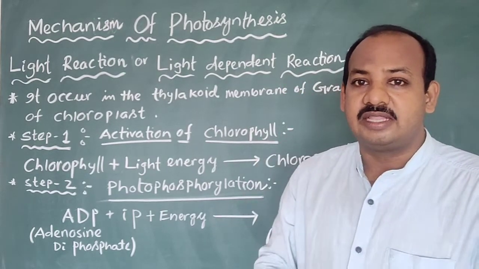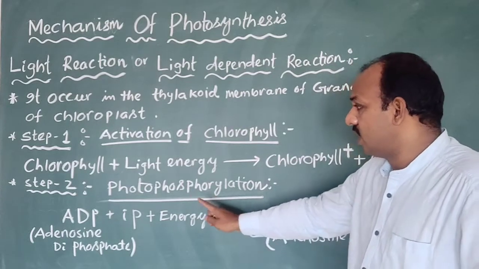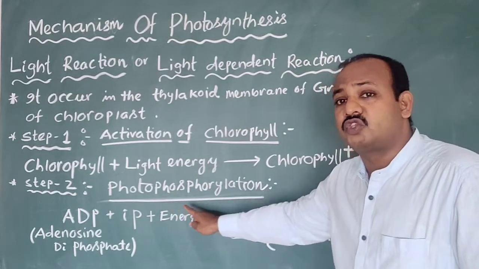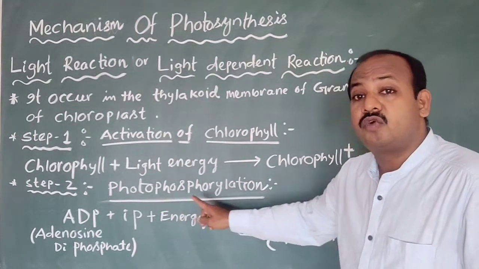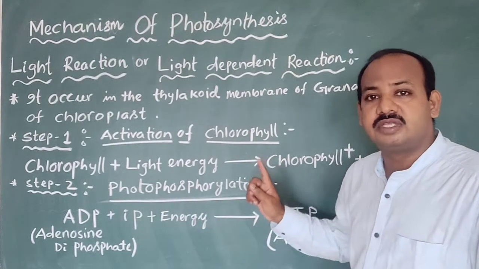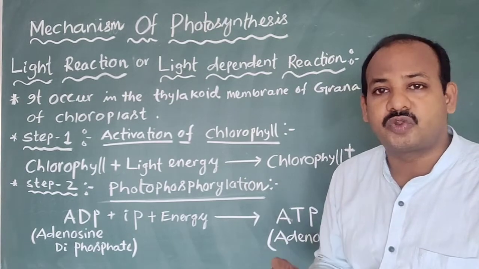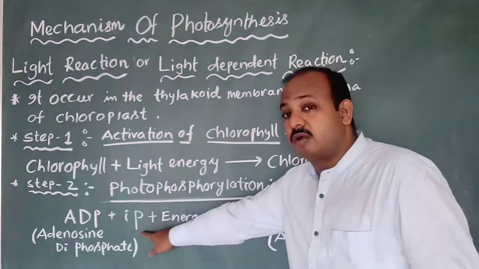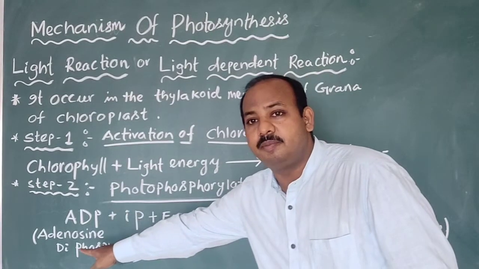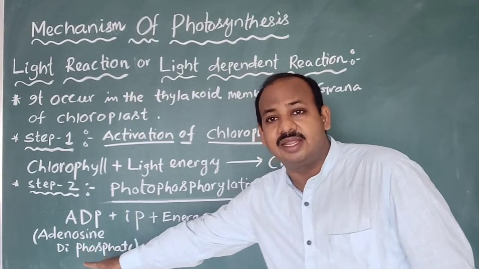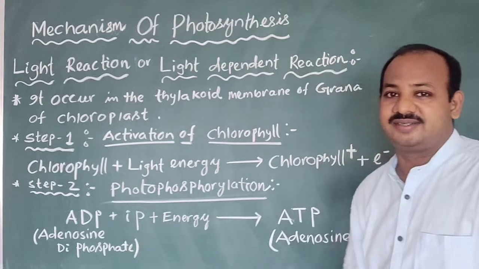Okay children, in the second step, what happens you see? The second step is called photophosphorylation. What is that? Photophosphorylation. Photo means light. Phosphorylation means addition of a phosphate molecule to ADP, that means adenosine diphosphate.